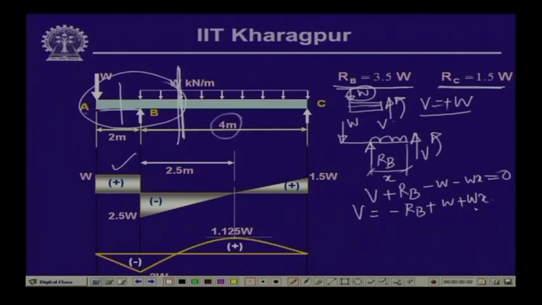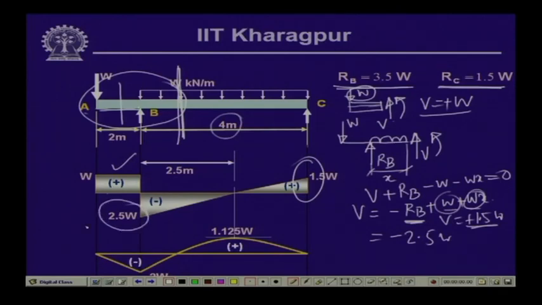So, this is 4 W plus W, 5 W, and R B is 3.5 W. So, V is equal to plus 1.5 W. So, this is the shear force at the end C, and at point B, if we take x is equal to 0, R B is minus 3.5 and W is W. So, this is equal to minus 2.5 W. So, at point B it is minus 2.5 W, at point C it is 1.5 W.